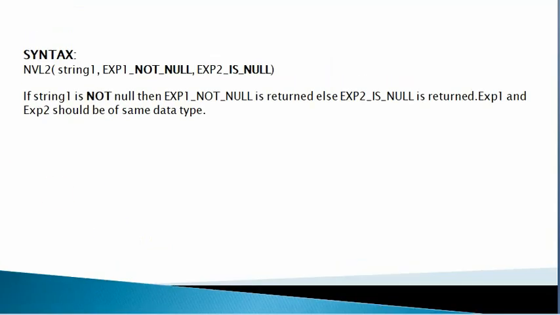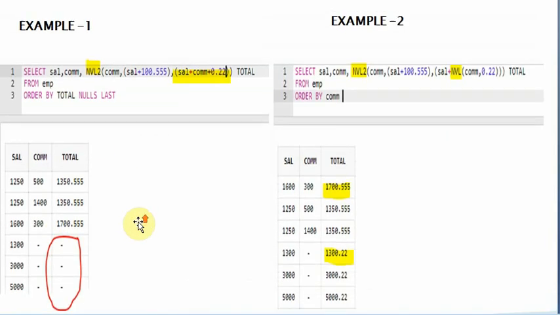Then we have a function called nvl2. The syntax is we provide the string here, and if this string is not null, then the first expression is returned, else the second expression will be returned, and both expressions should be of the same data type. Let's see a few examples.